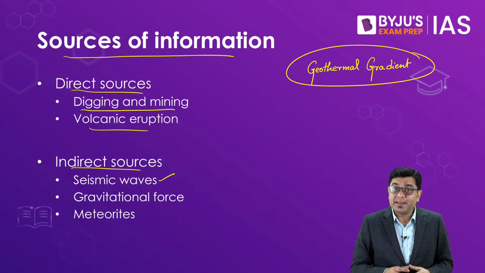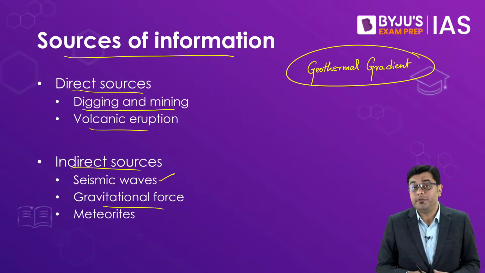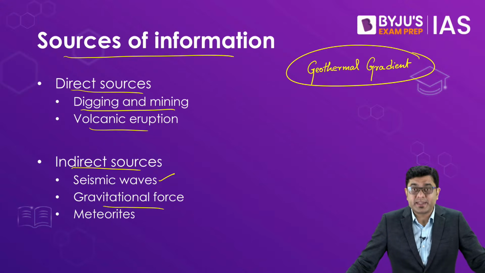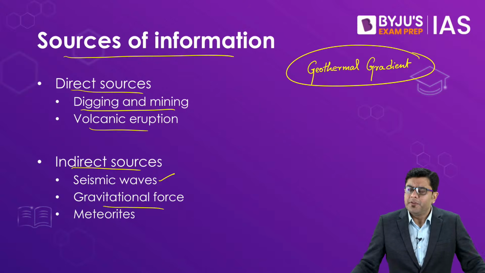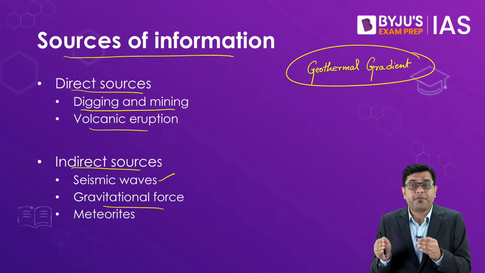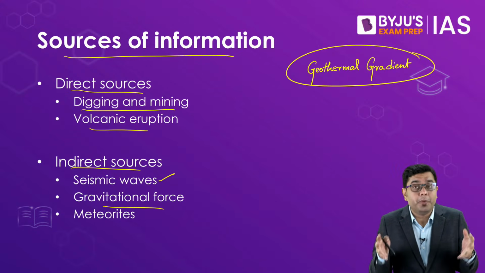Then, other than that, we have the gravitational force. Now, how does the gravitational force help us understand the interior? We have to understand that this force of gravity is slightly different, very minutely different, when we consider different portions of the planet.